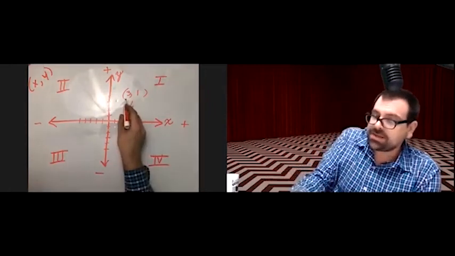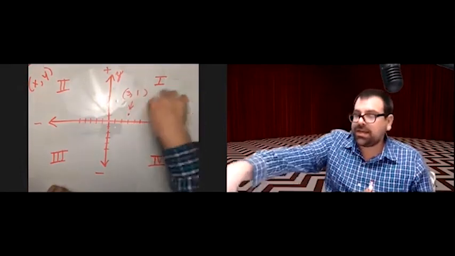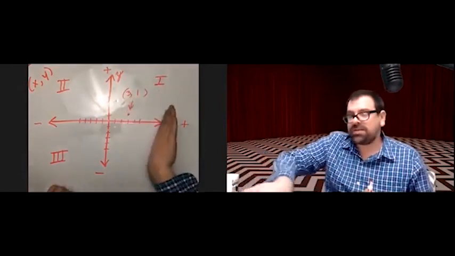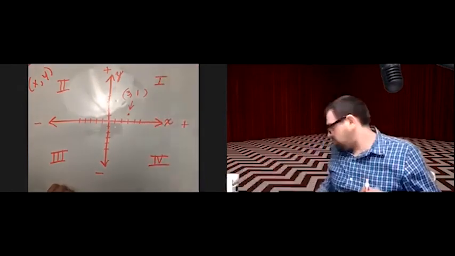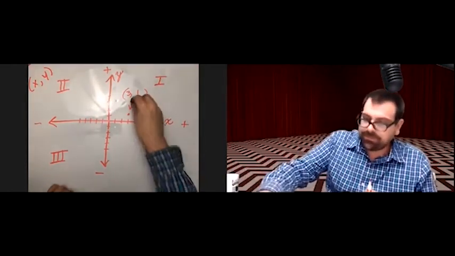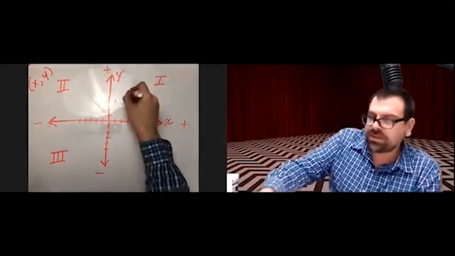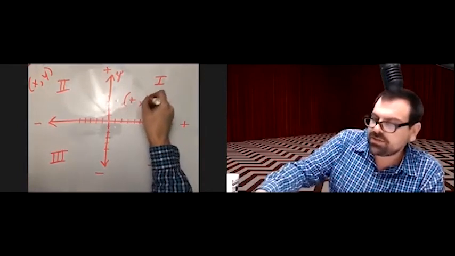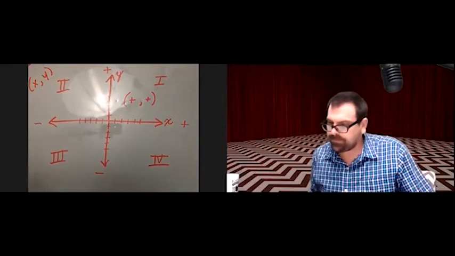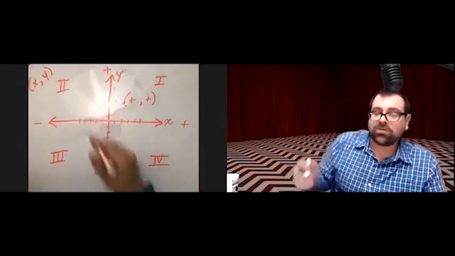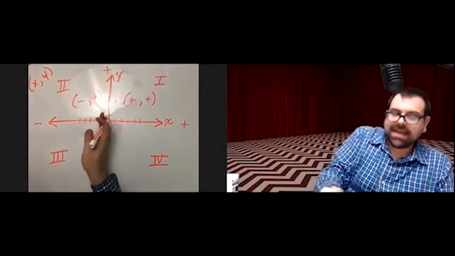Notice it's a positive number and a positive number because it's in quadrant 1. And anything up here in quadrant 1 is going to have a positive x because it's to the right, and it's going to have a positive y because it is up. So all points in quadrant 1 will be positive, positive. All points in quadrant 2 then are going to be negative, positive because the x is negative.